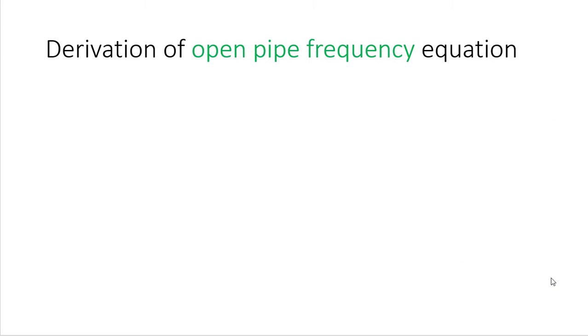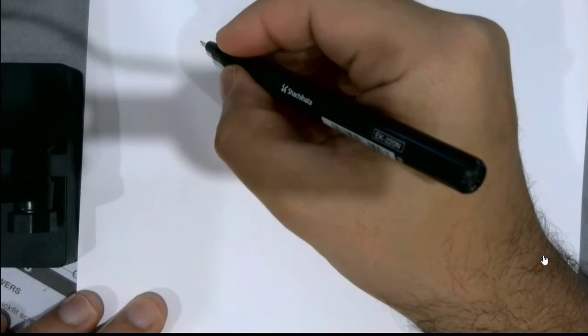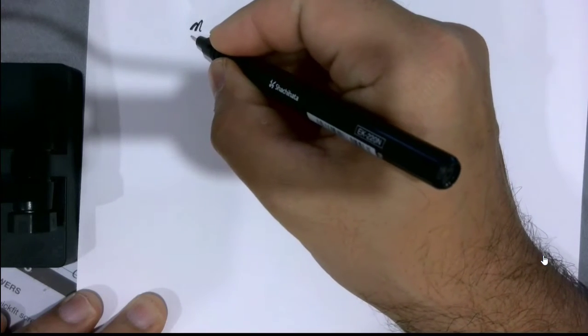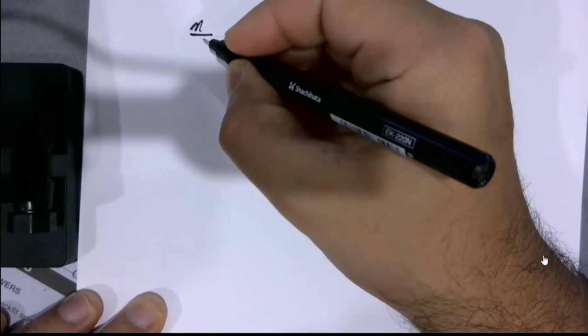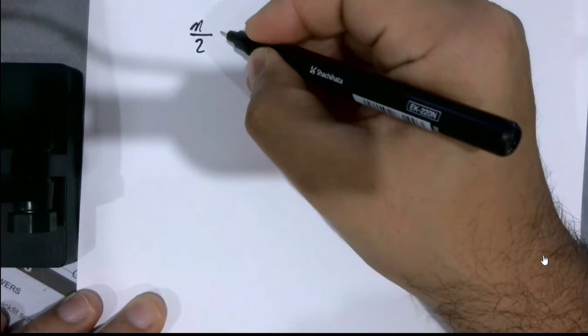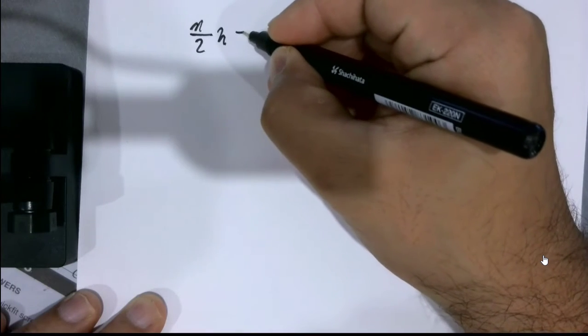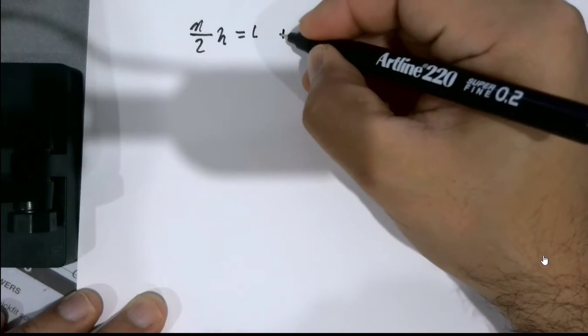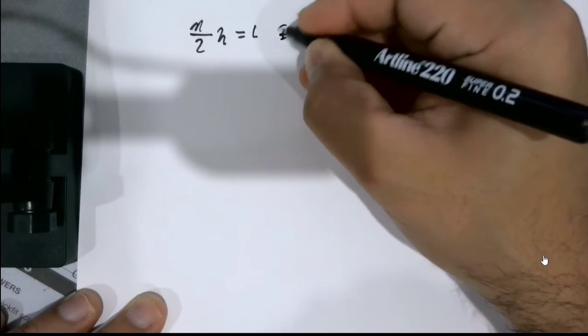So let's do that now. We'll have our first equation, which deals with the relationship between the wavelength and the pipe length. Wavelength is equal to length, and we'll number that as equation 1.